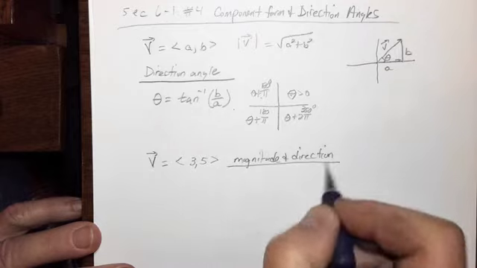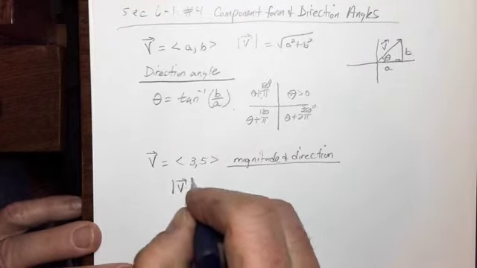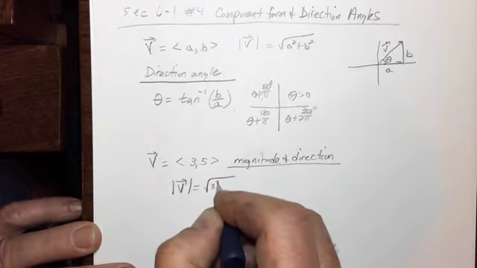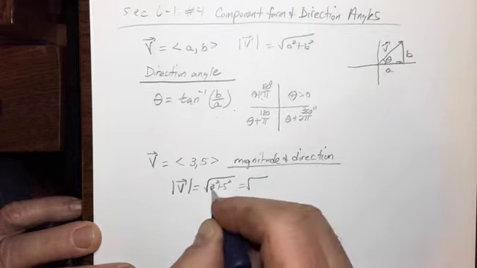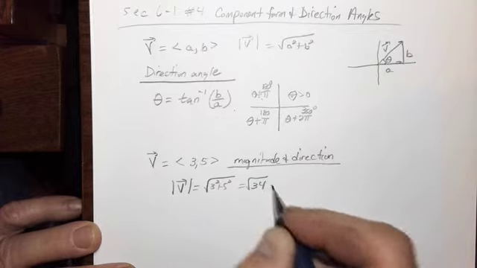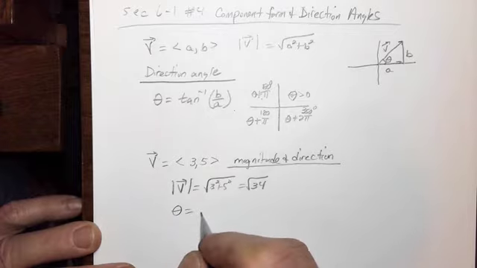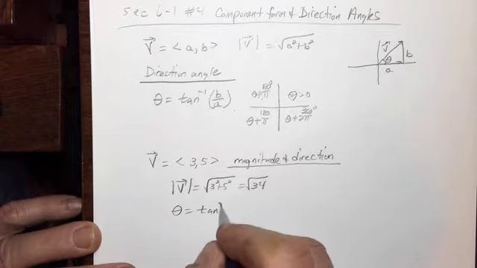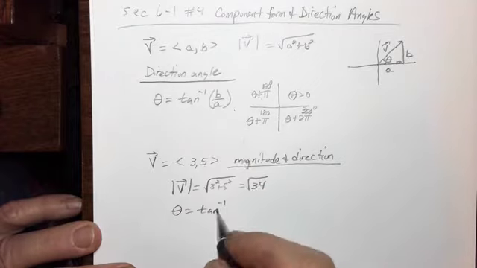Now the magnitude of v is just the square root of 3 squared plus 5 squared, which is the square root of 9 plus 25, 34. To find the angle, I'm going to go the inverse tangent of b over a. So 5 over 3.